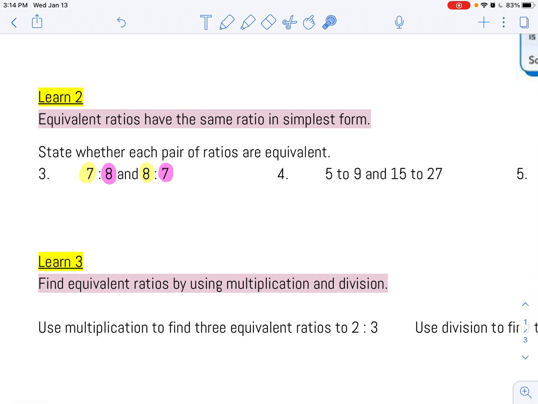I want to look at my highlighted numbers to see if they are the same. So yellow to yellow, I have 7 and 8. Those aren't the same. And pink, I have 8 and 7, and those aren't the same. So my answer for number 3 is going to be no. They are not equivalent.